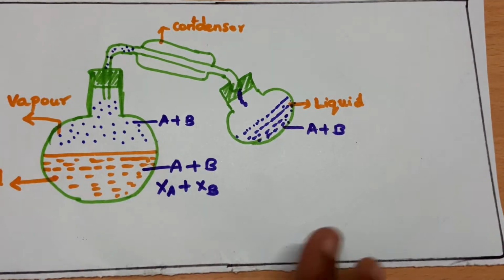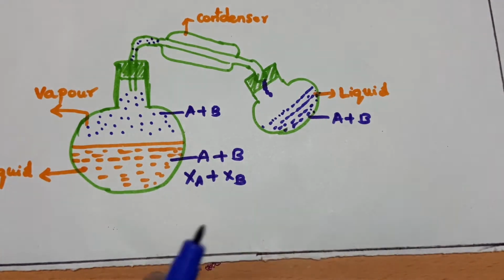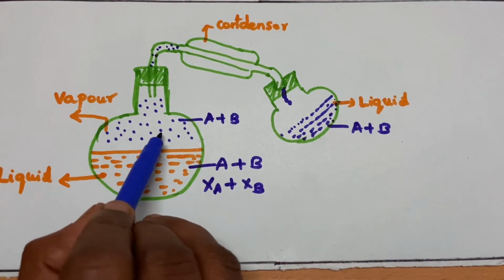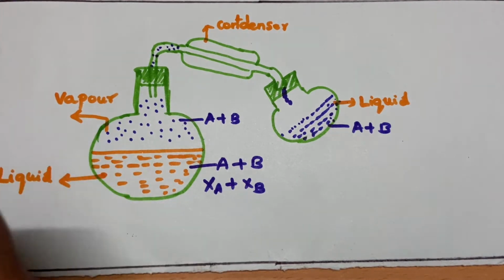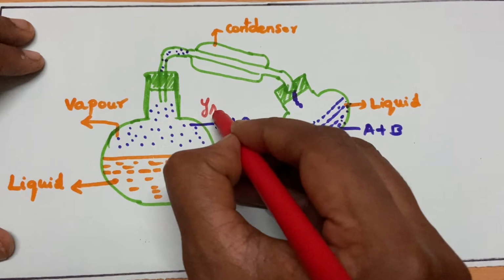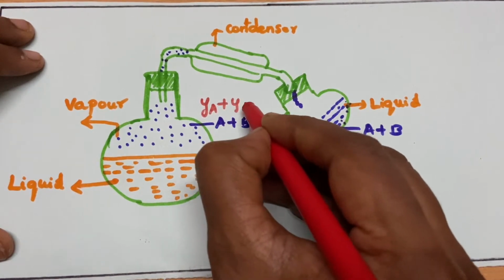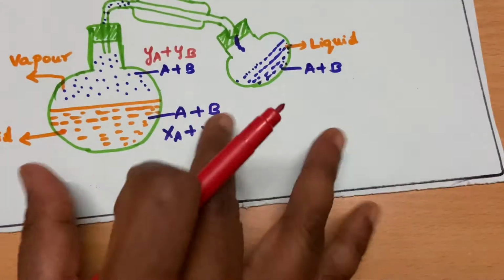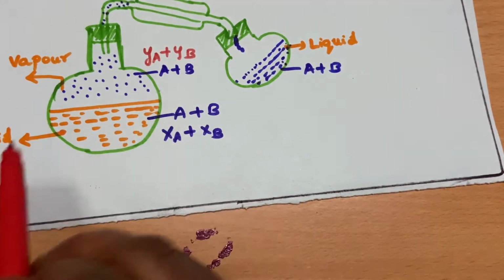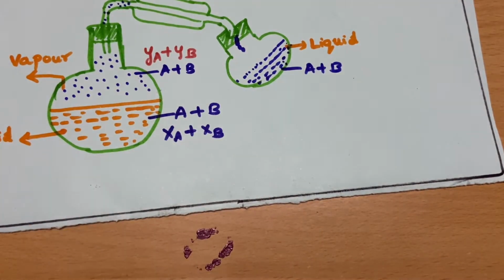Now listen to me carefully. Here also, some of the molecules are in the vapor state. The mole fractions of the molecules here we are going to represent as YA and YB, the mole fractions in the vapor state. Students, now please listen carefully to how to solve the problem.